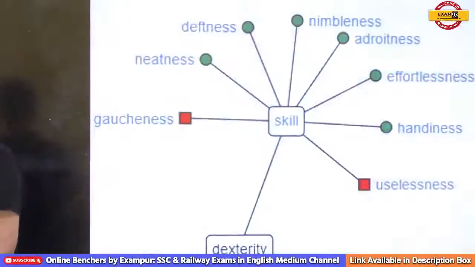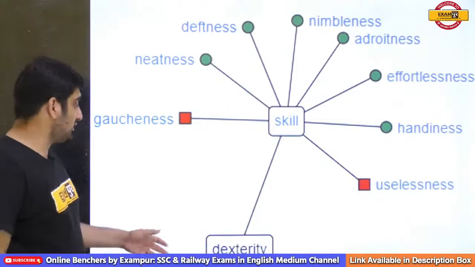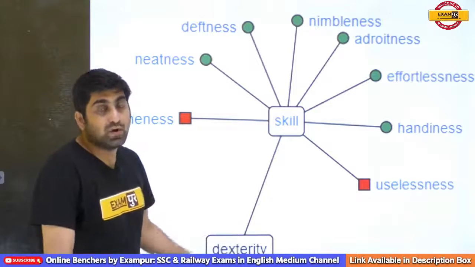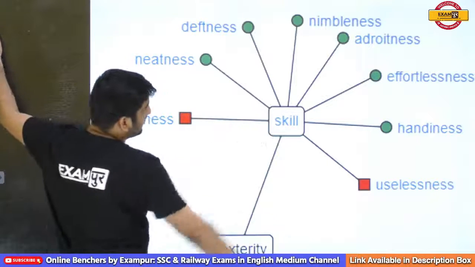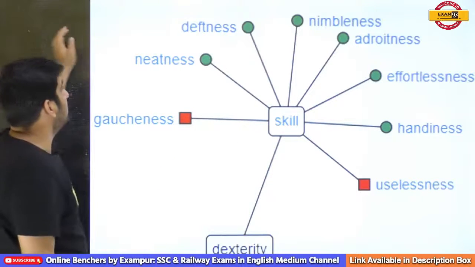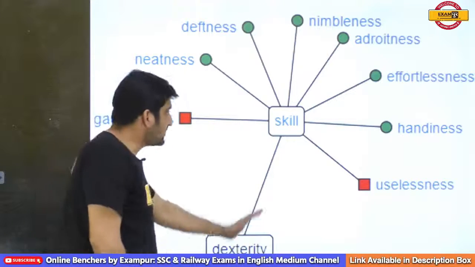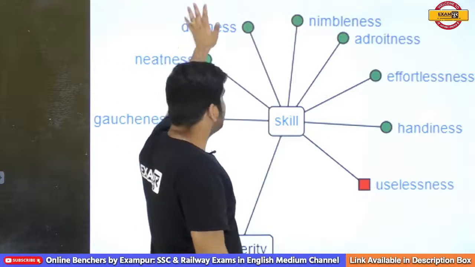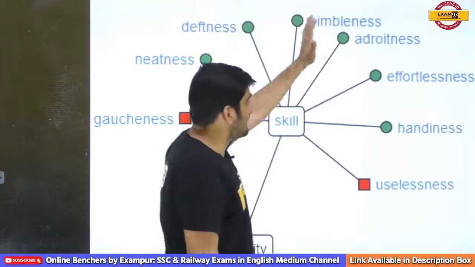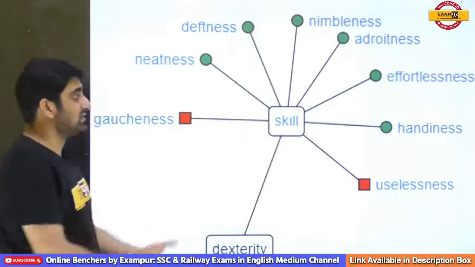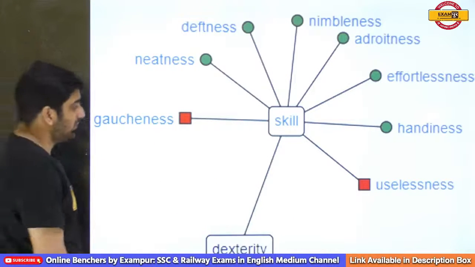So the word that we are discussing is dexterity. What do you mean by dexterity? Dexterity means skill, neatness, deftness, nimbleness and adroitness, effortlessness, handiness, whatever you say.